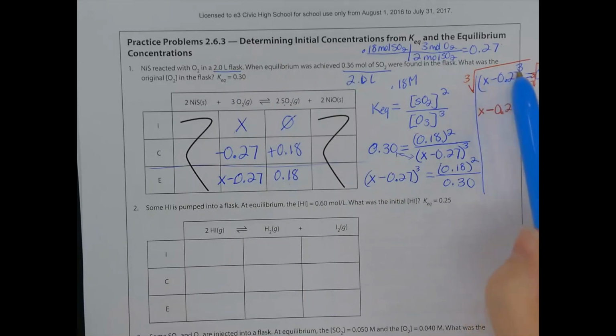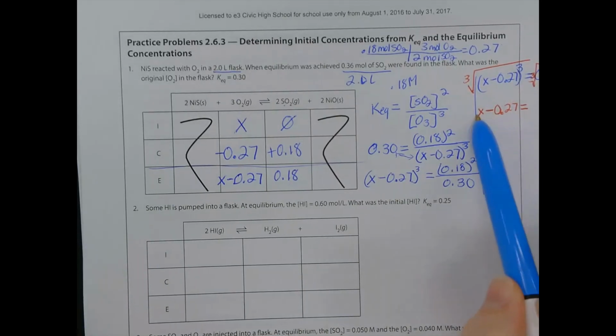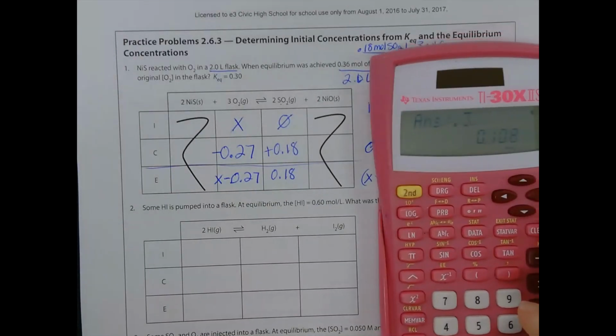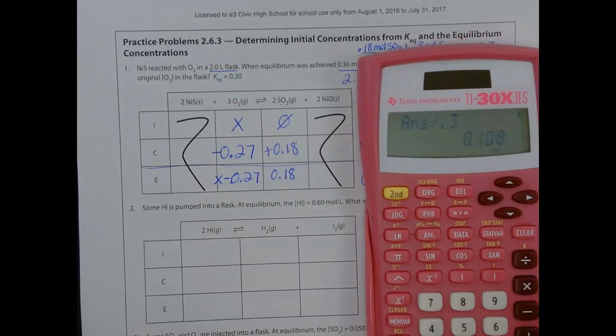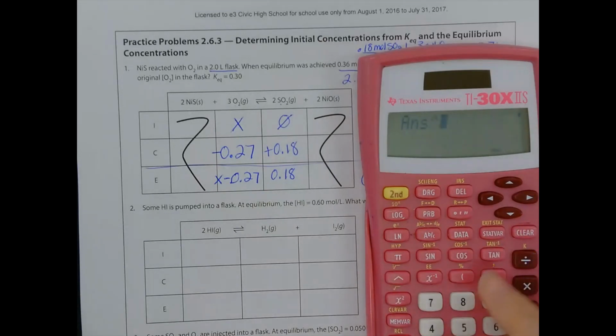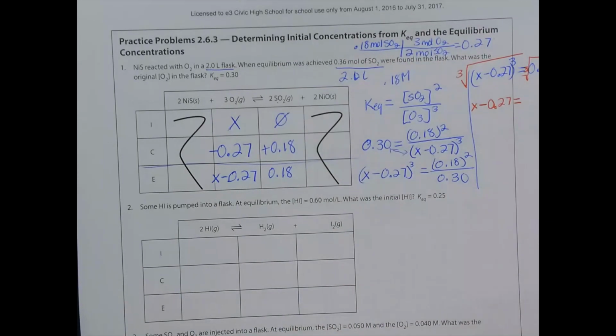Okay, so we're cube rooting this. It gets rid of the cube there. So we have X minus 0.27, and we're going to cube root the other number, 0.108. So easiest way to cube root is to raise it to the 1/3 power, which is 0.476, because we've got 3 sig figs.